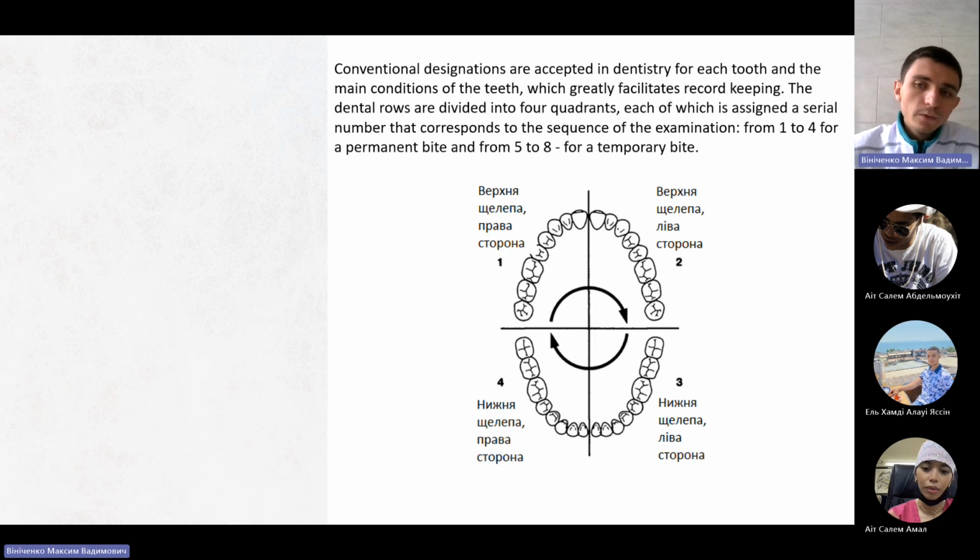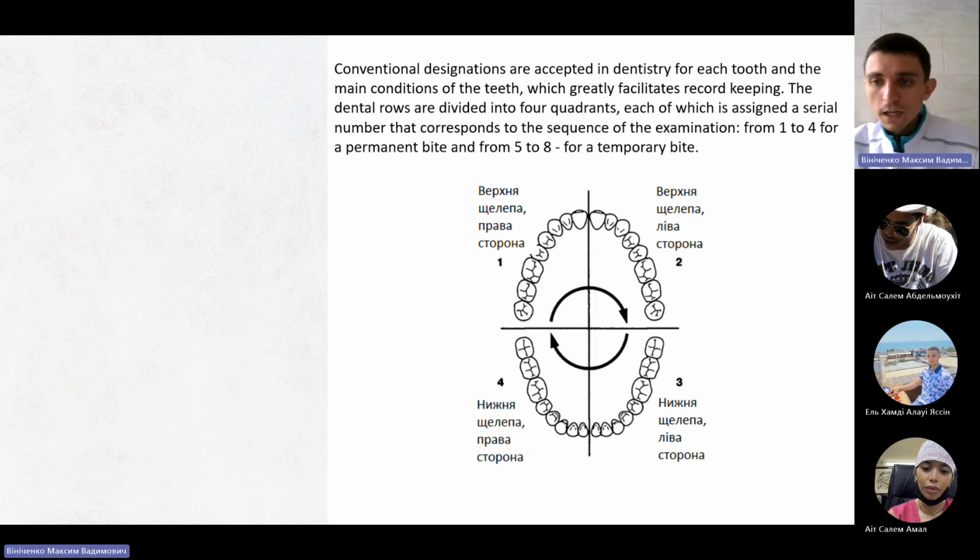So if we talk about the lower jaw, for example, the first incisor of the lower jaw from the right side will be number 41. So it's the 4th segment and tooth number 1. So we say that it is number 41. If it is the last third molar, it will be number 48.